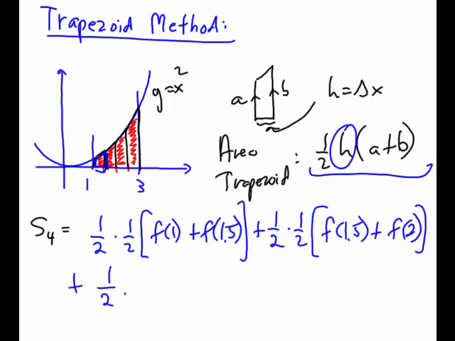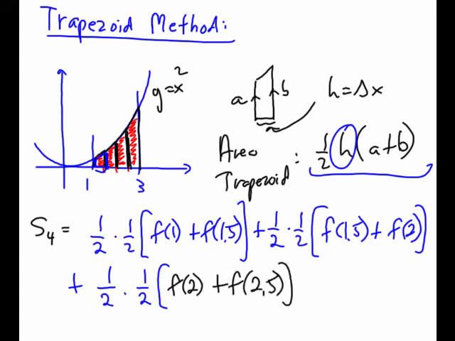Trapezoid 3 is a half times a half times f of 2 plus f of 2.5, and trapezoid 4 is a half times a half times f of 2.5 plus f of 3.